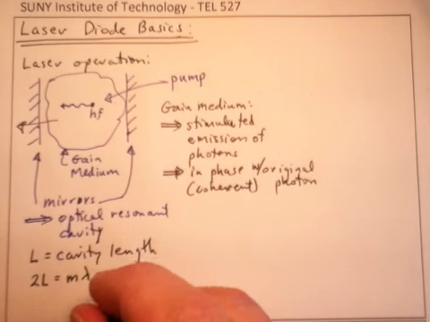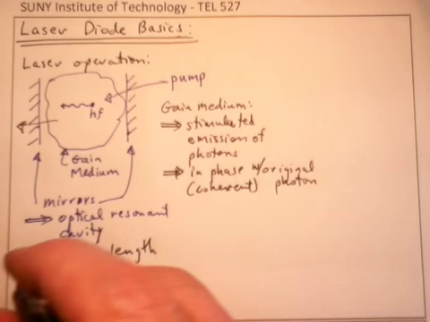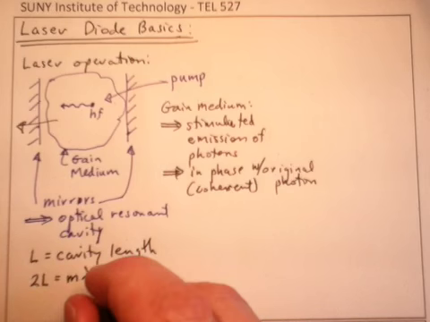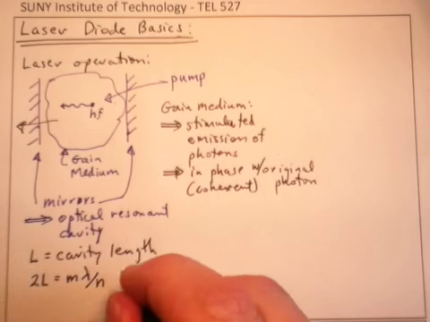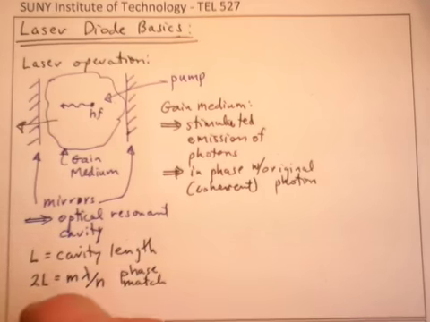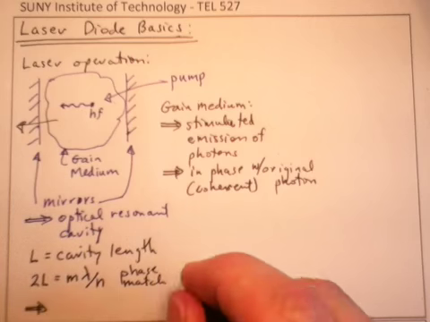Okay, where lambda is inside the medium, let's say lambda over n if we use the free space wavelength. This is the condition for phase matching, and m is an integer.